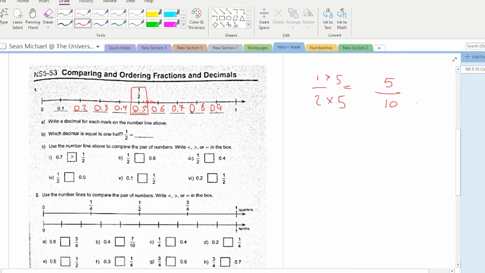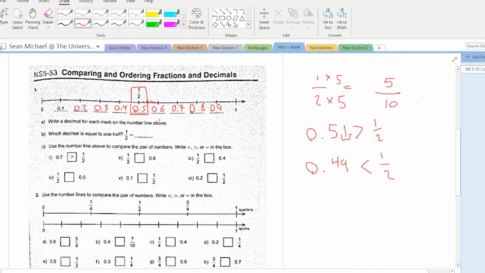If there was 0.51, that is greater than 1 half, because it's 1/100th bigger than a half. That is true all the way up. And even 0.49 is smaller than 1 half. So that's how we do it.